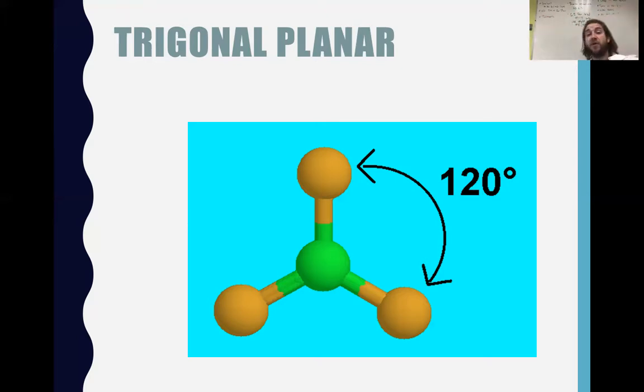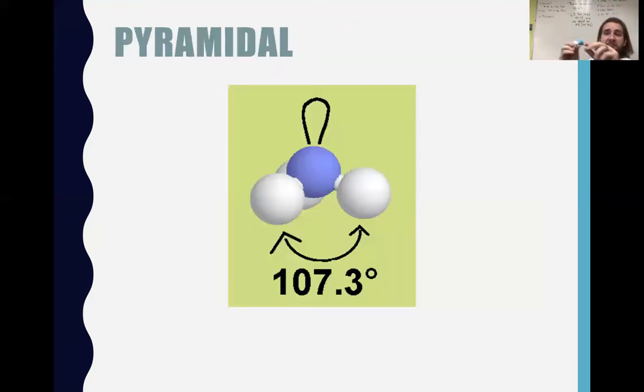If you add some lone pairs, it becomes pyramidal. Here we've got a lone pair, again not shown on our structure, up here. Because there's this negative field on top, it causes all of these hydrogens to bend down and away. And all of a sudden we've got this nice little pyramid. This is a pyramidal arrangement, trigonal pyramidal.